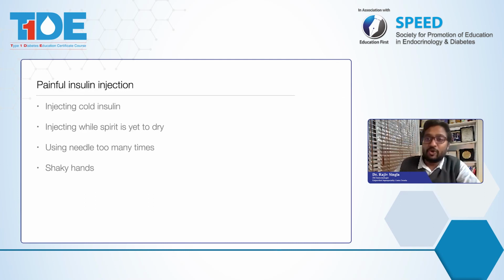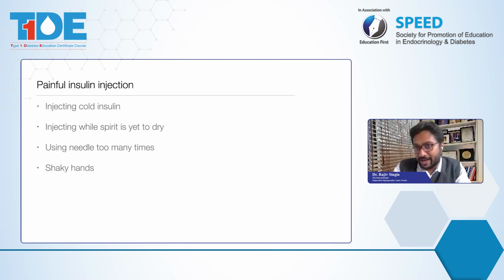If my abdomen is clean, I have not worked in the dirt, and I wash and take a bath every day, then there is no need for me to clean. I can just uncover my abdomen and inject. But if I choose to clean with spirit, I should allow the spirit to dry, because if it is wet, it can cause pain.